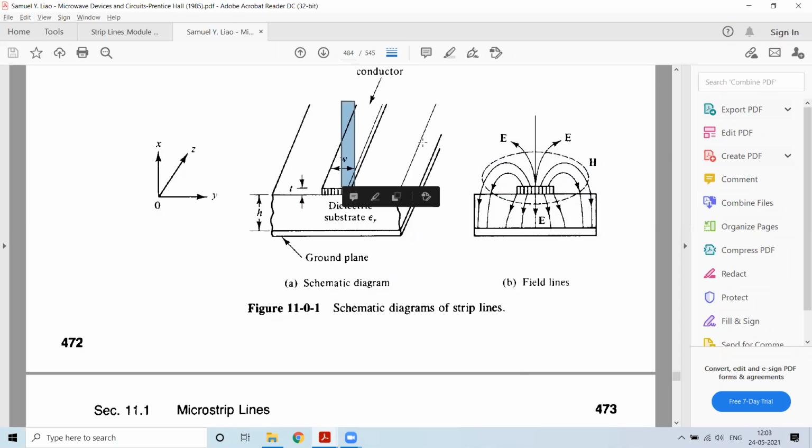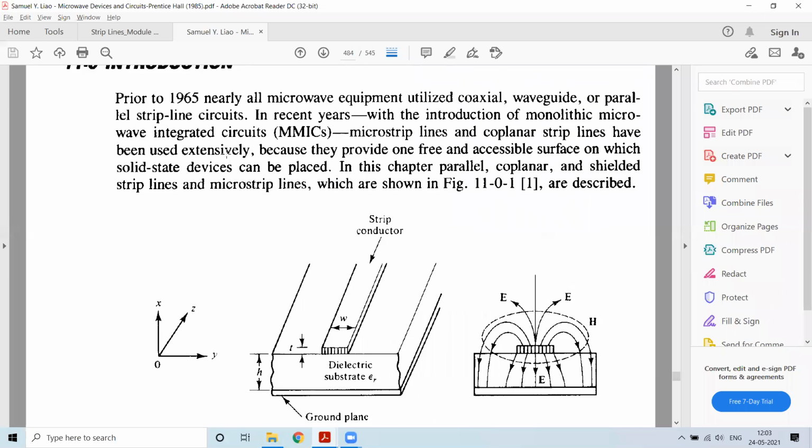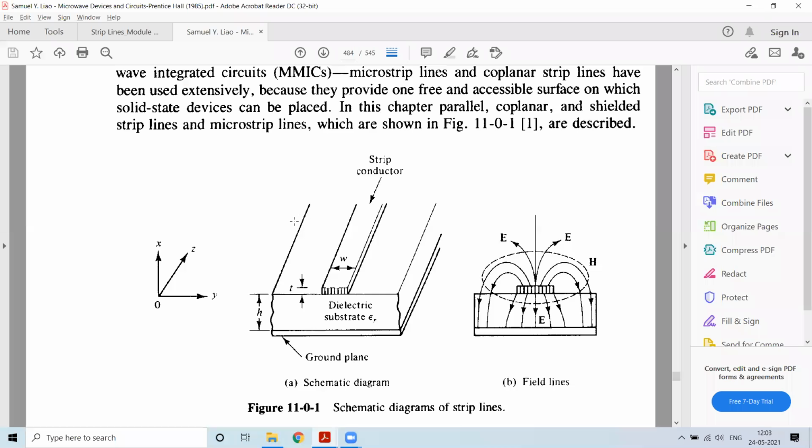This acts as the transmission line in your microwave devices, that is, in your integrated circuit. On this, I can mount the different devices, make the interconnections, and operate the entire microwave system. Because of this, the structure of the device gets reduced. That is what we can observe.